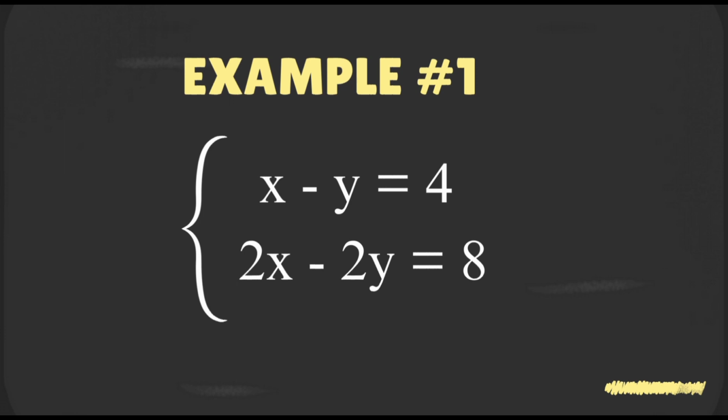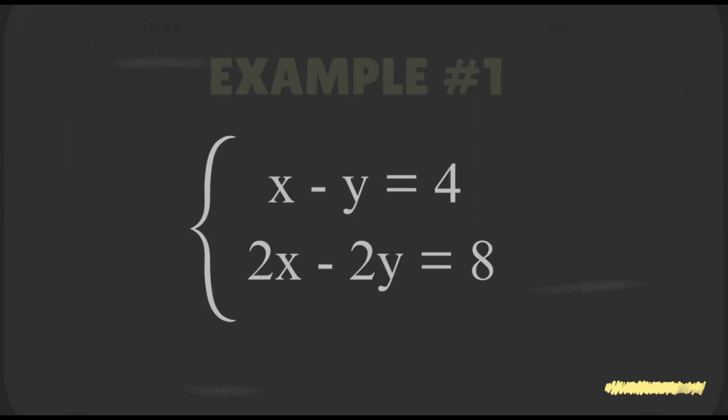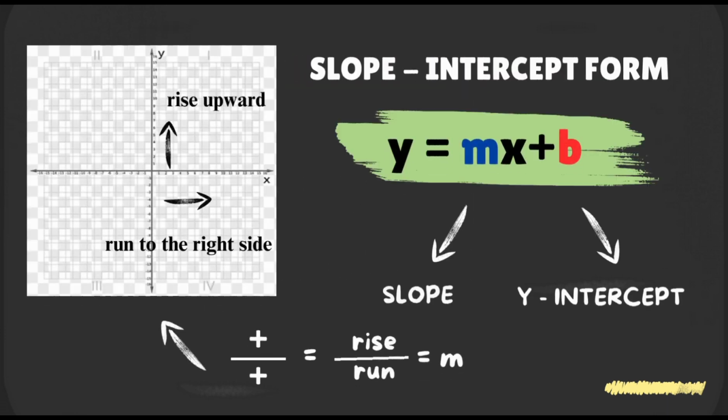And for us to get its solution, we're going to rewrite these equations first into the slope-intercept form, wherein y is equal to mx plus b. Our m represents the slope and our b represents the y-intercept. And for us to plot its graph, we're going to use the rise over run of the slope.